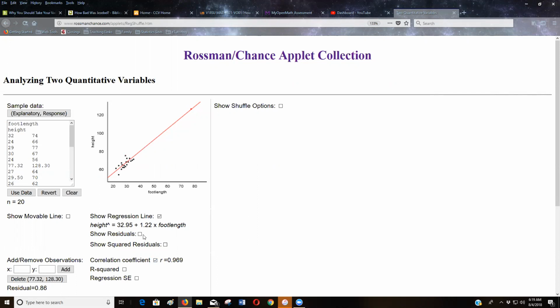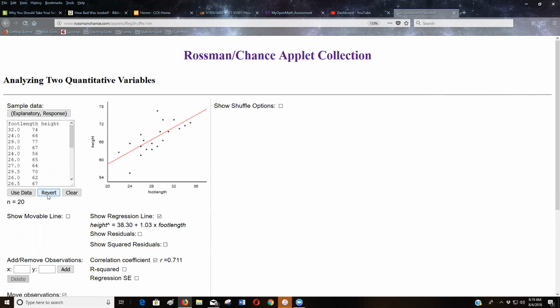And let's see, the correlation is 0.96. What if I just revert it? Now it's 0.7. So I would argue that the difference between a correlation of 0.9, yes, it's a much stronger linear relationship, and 0.7 really isn't all that different.